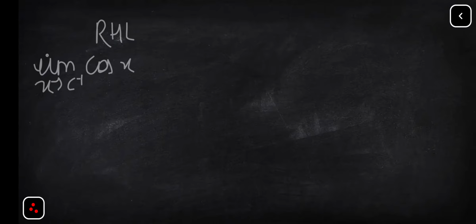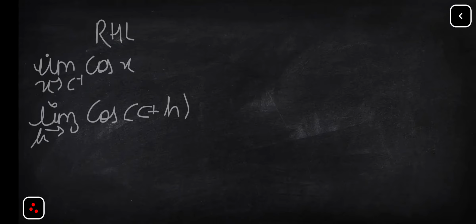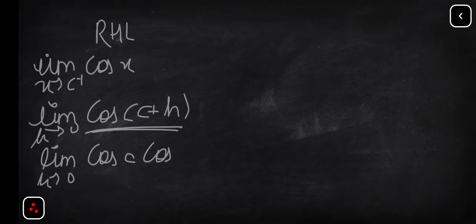Now the turn for the right hand limit of the function cos x. Limit x tends to c positive cos x, which is limit h tends to 0 of cos(c plus h). Here we open the formula of cos(a plus b), which is cos c cos h minus sin c sin h.